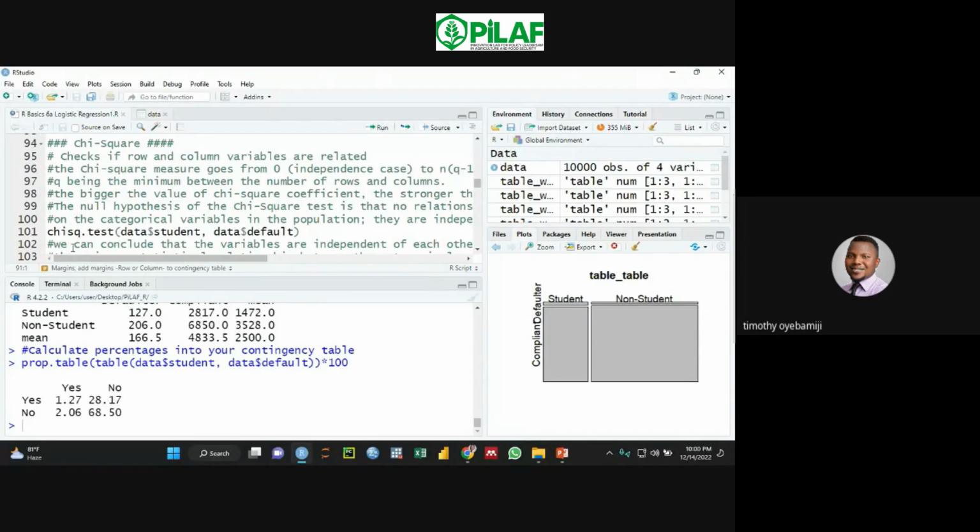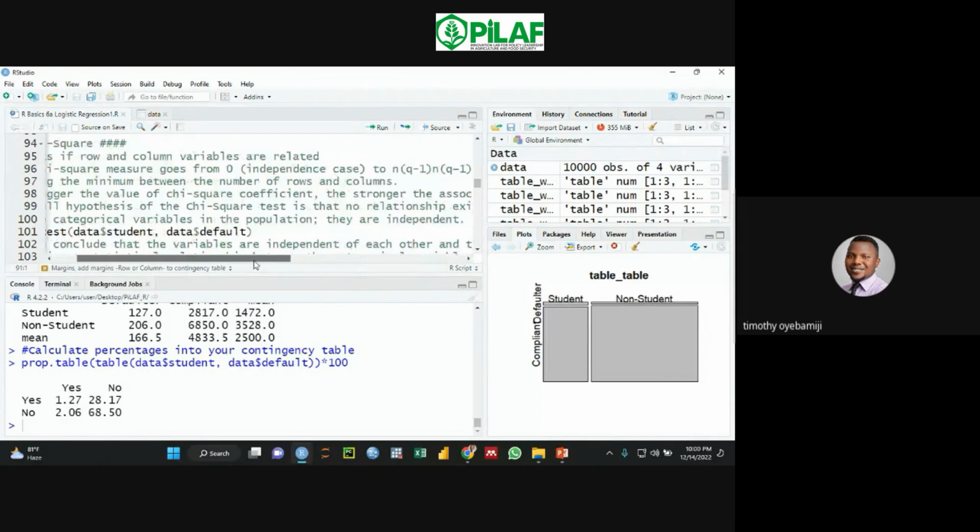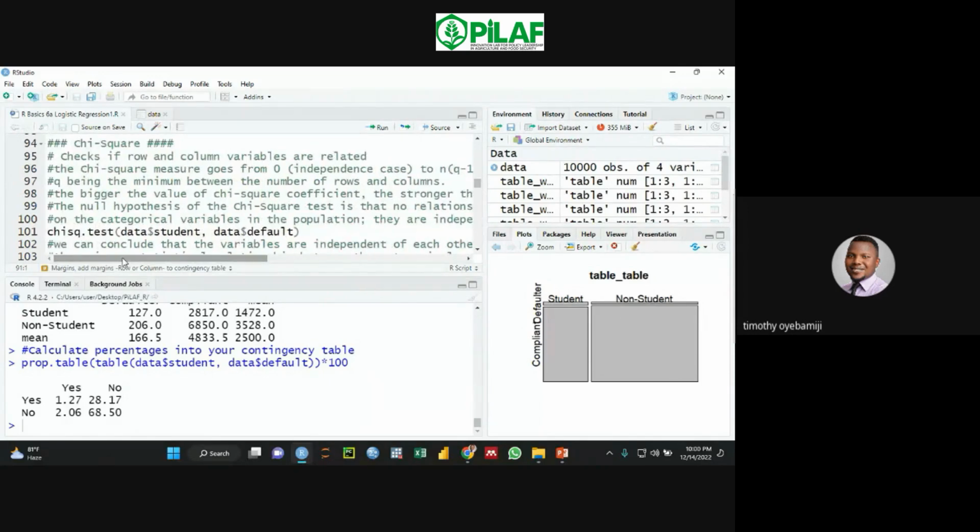So the bigger the value of the chi-square estimate, the more the association, and we can also say the more significant it is. All right. The null hypothesis of the chi-square test is that no relationship exists between the categorical variables in the population. That means they are independent.